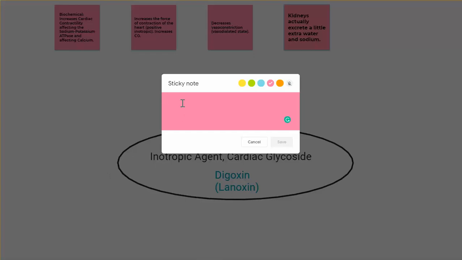Cardiac glycosides also increase parasympathetic tone. Okay? So that means they decrease the sympathetic nervous system's tone in addition to increasing parasympathetic tone. That sympathetic nervous system tone was actually really hard on the heart.